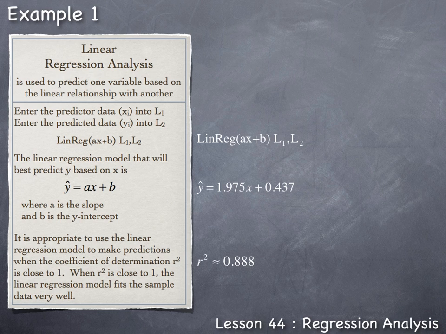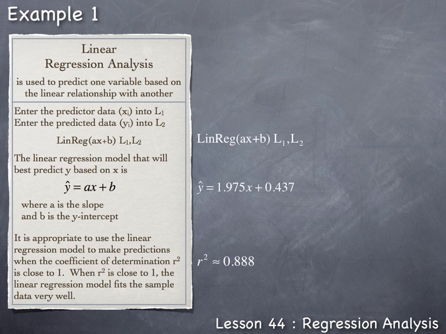So it appears as if the height of a person as an adult is roughly about 2 times their height at age 2. And if we want to interpret r squared, the coefficient of determination, we see that about 88.8% of the variation in the person's height as an adult can be explained by their height at age 2, thus leaving only about 11 or 12% of the variation in the height as an adult determined by some other factor.